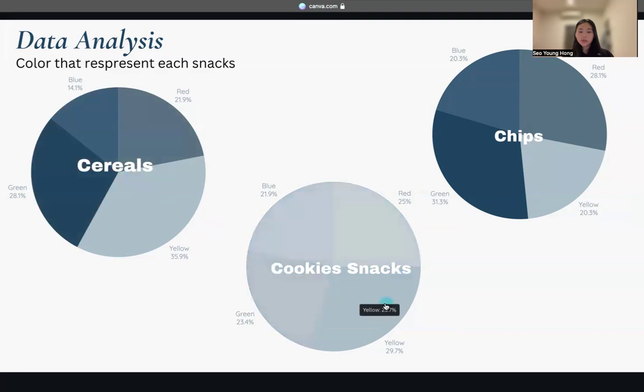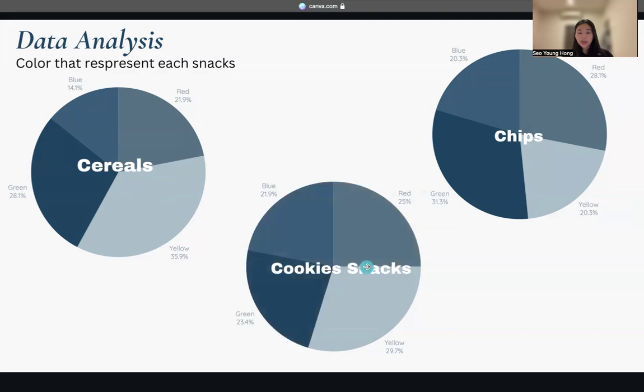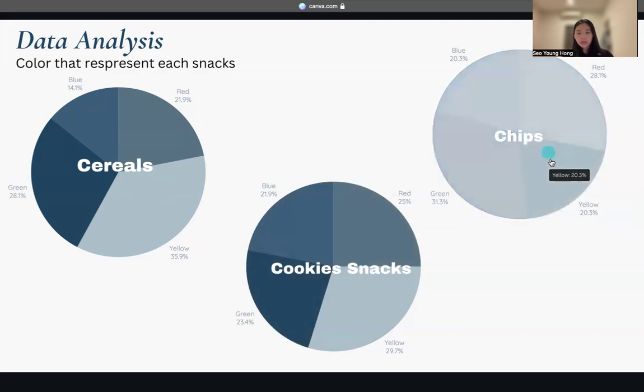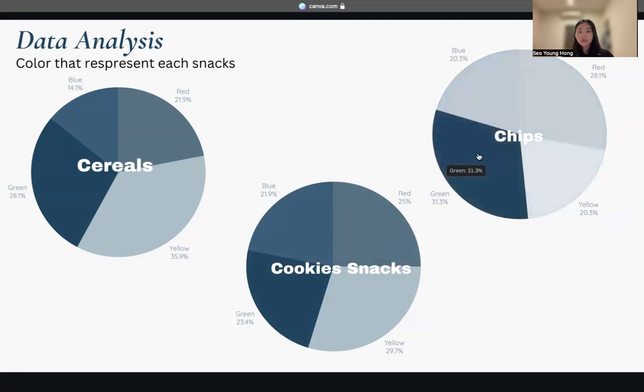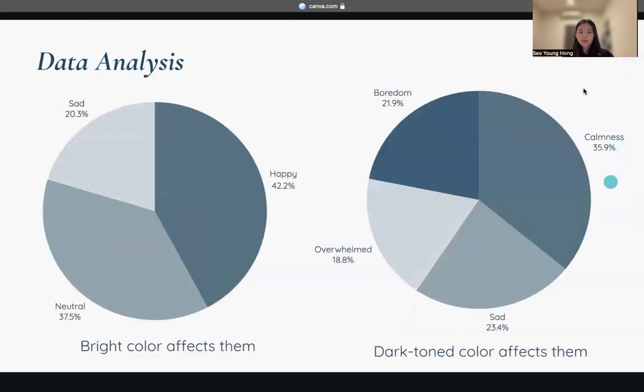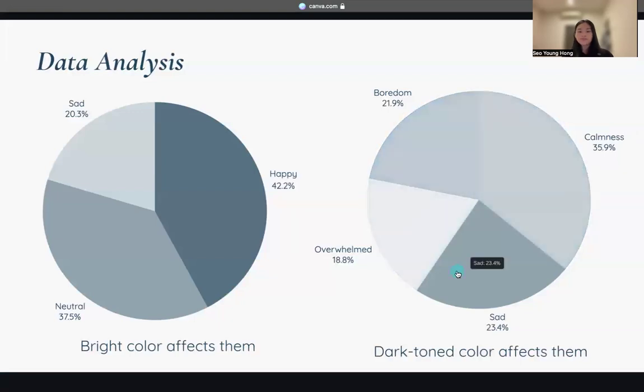Yellow is also one of the colors that represent cookies. For chips, green is the color that represents them the most. Bright colors affect happiness, while dark tone colors affect calmness.